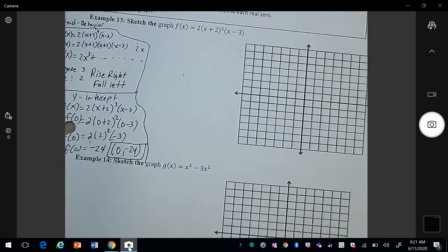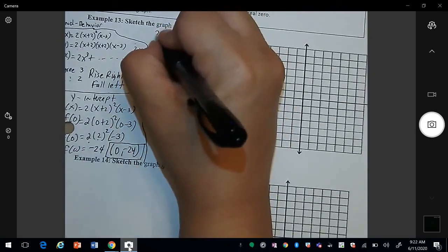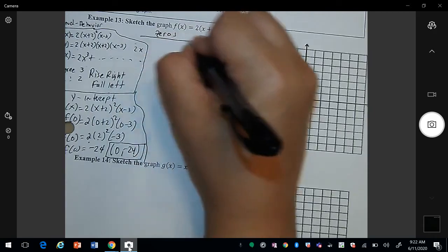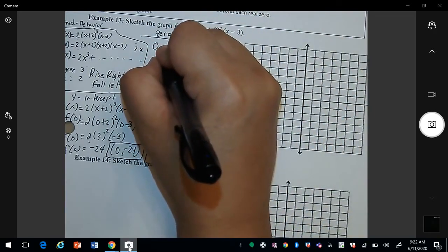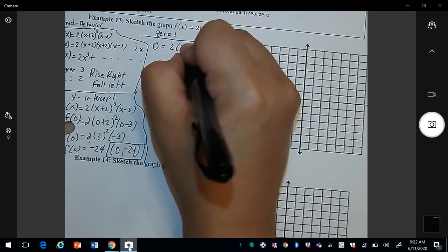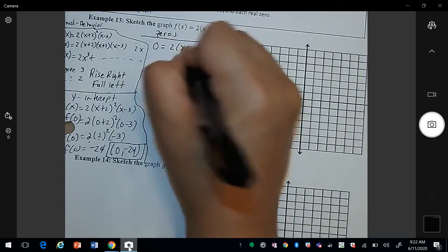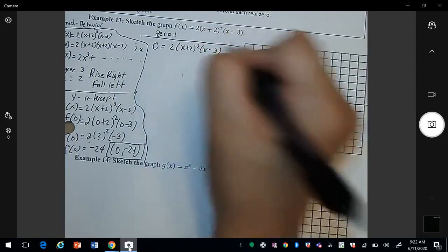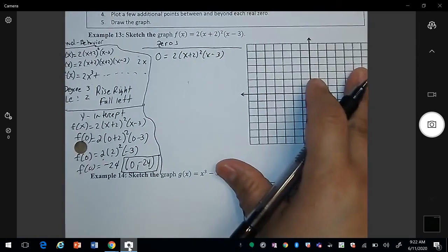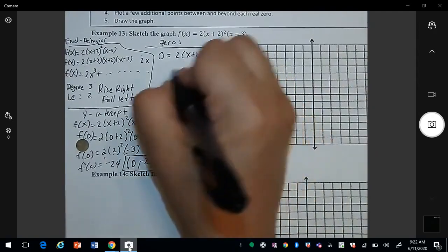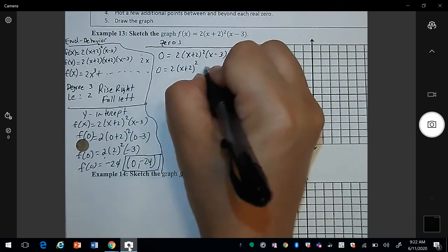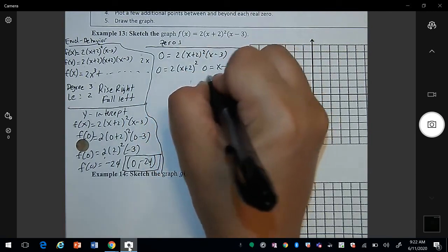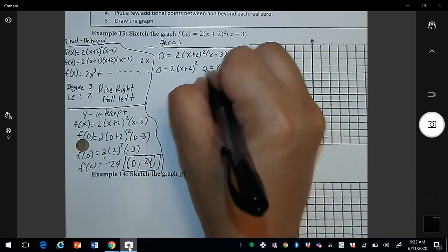Then we need to find the real zeros, which are just the x-intercepts. So I'm going to let y equal 0. So I can set each term equal to 0. So I get x equals 3 on this side.